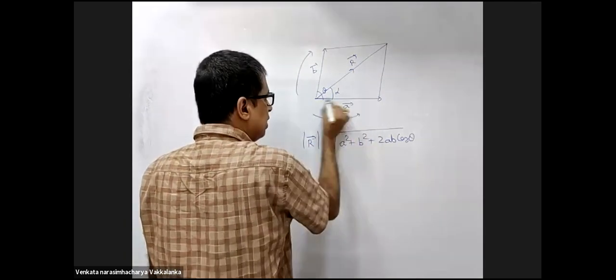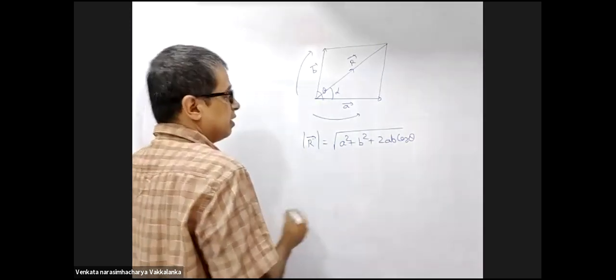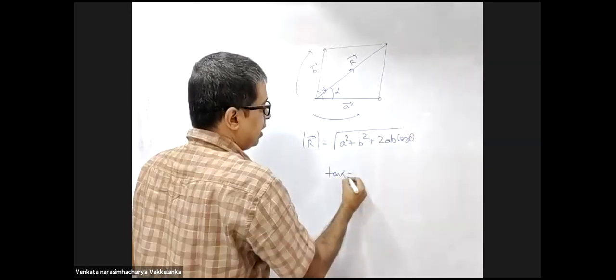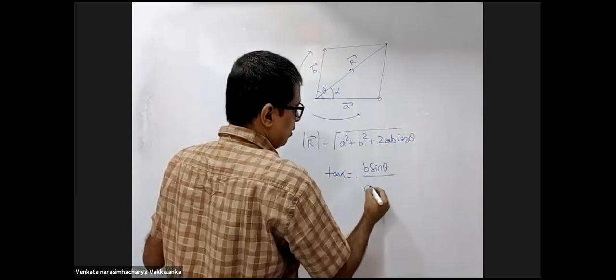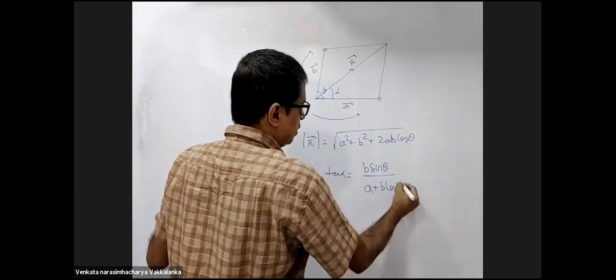What is the angle which it makes with the first vector? Alpha is the angle between R and A. Then tan alpha will be B sin theta upon A plus B cos theta.